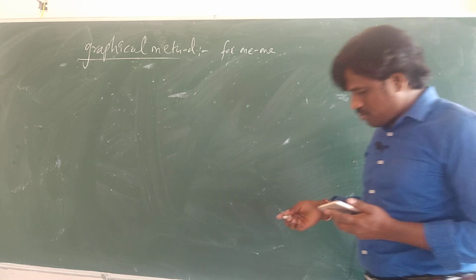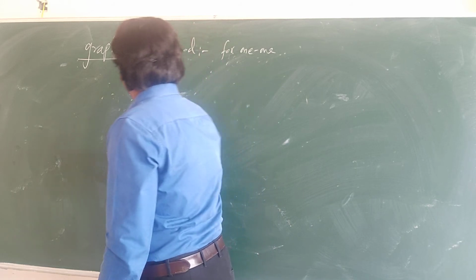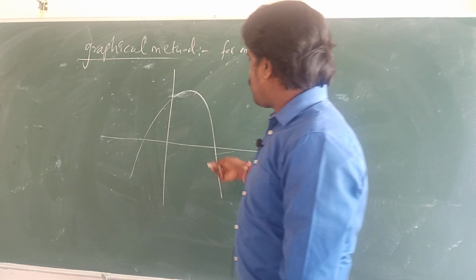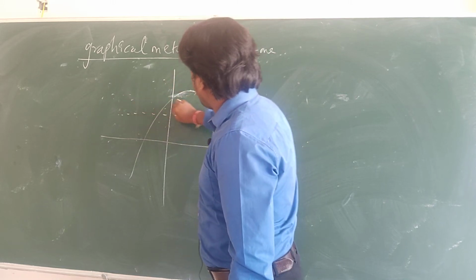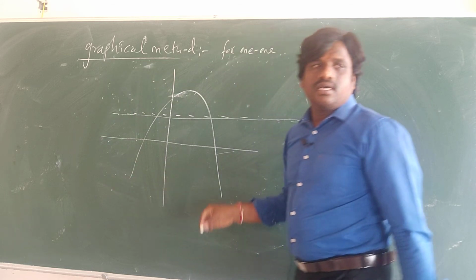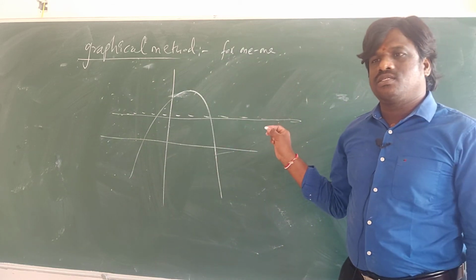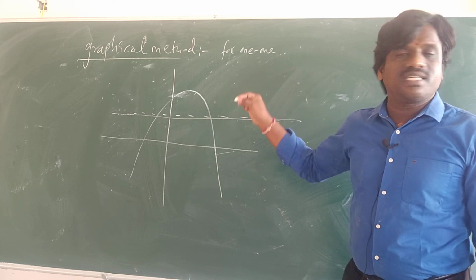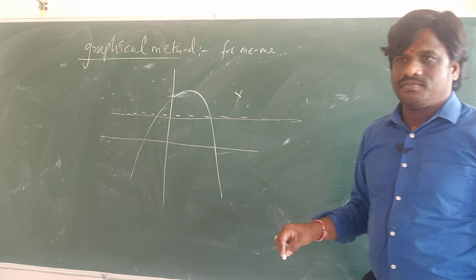For example, in this graph the line intersects at 2 places. So if it intersects at more than one point, it is not a 1-1 function.